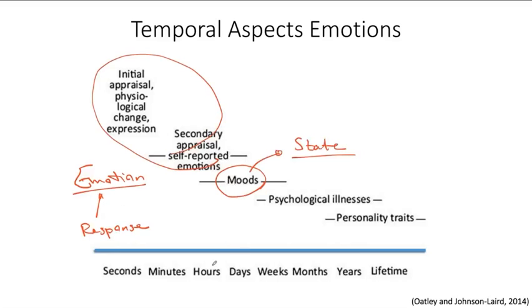It can go from hours to days to weeks to months. So it could be pretty stable. In some cases, it could even be something like a trait. There might be people who are dysphoric in their entire life.